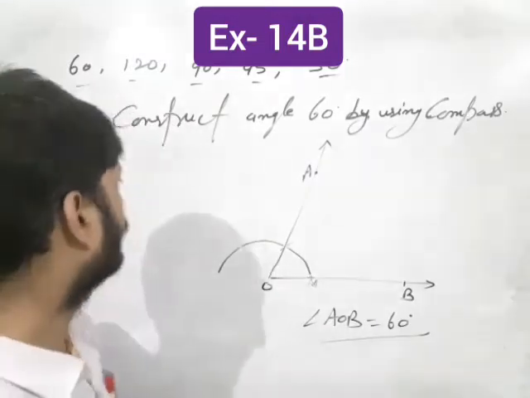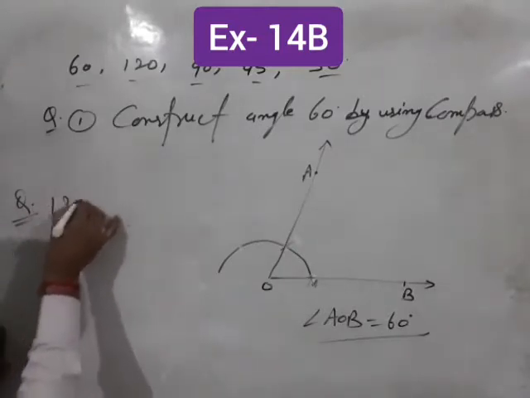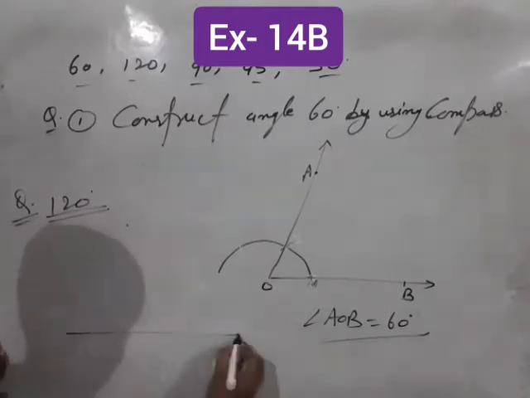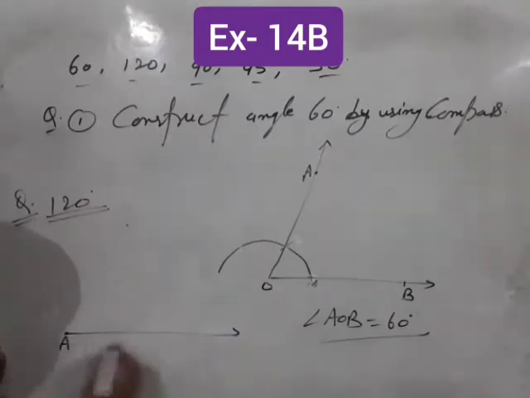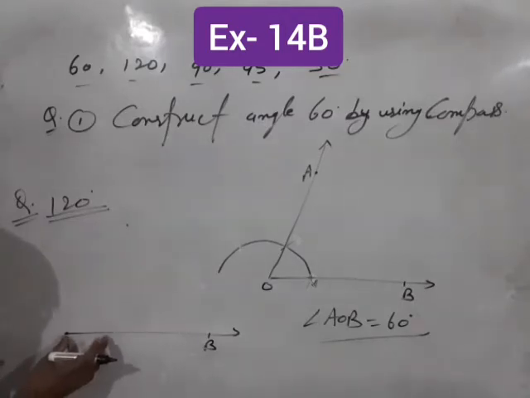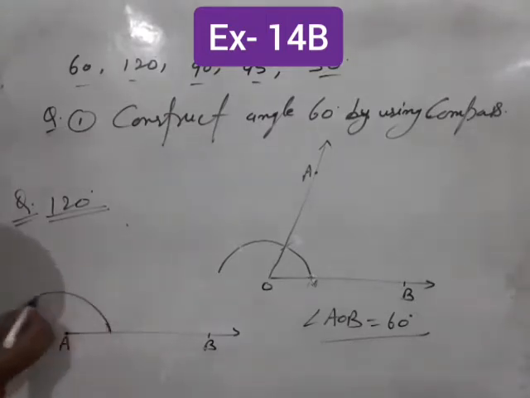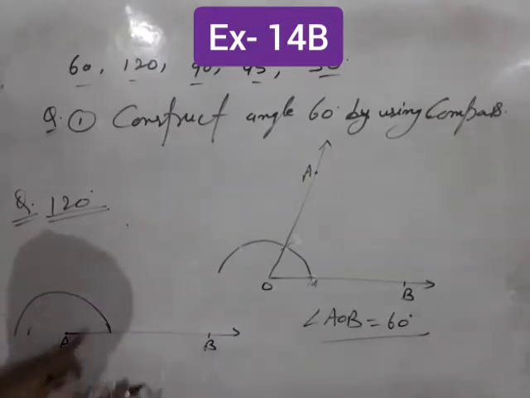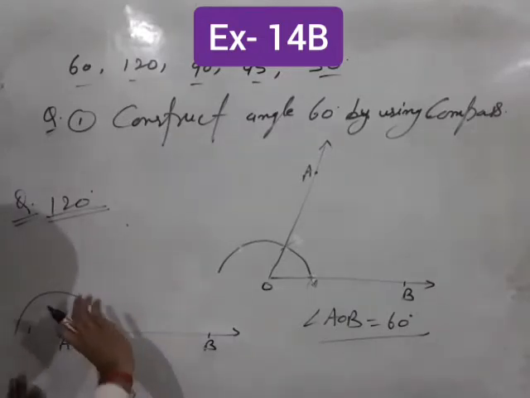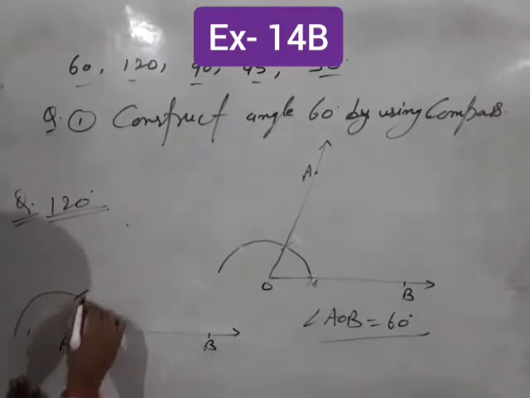Now students, if you have to construct 120 degree, first of all draw a ray, suppose its name AB. Again with any radius, with A as center, draw an arc here. Now fix the compass here and draw an arc of the same radius which cuts the previous arc at this point, one time.